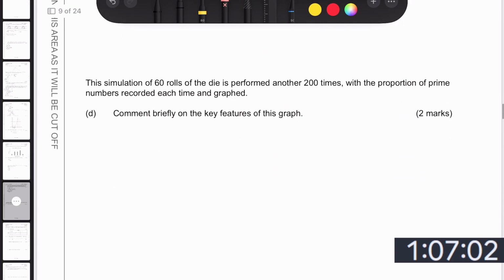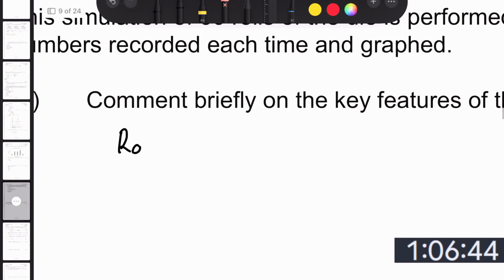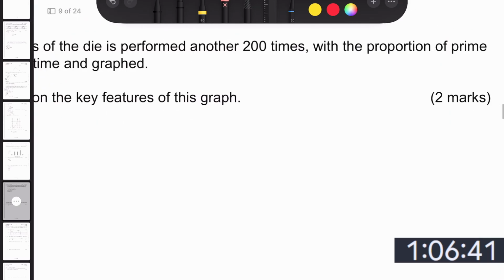The simulation of 60 rolls is performed another 200 times. Comment briefly on the features of this graph. What do you mean by features? Roughly symmetrical? Okay, so let me think about this graph. This is the normal distribution graph. It's just symmetrical.